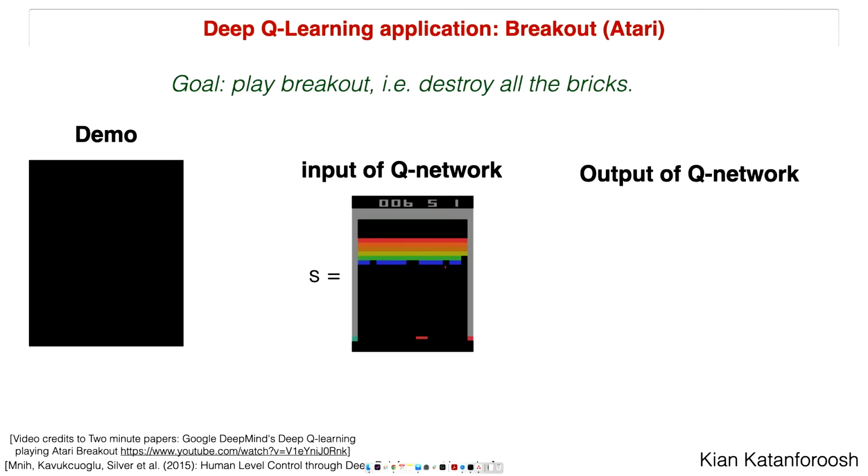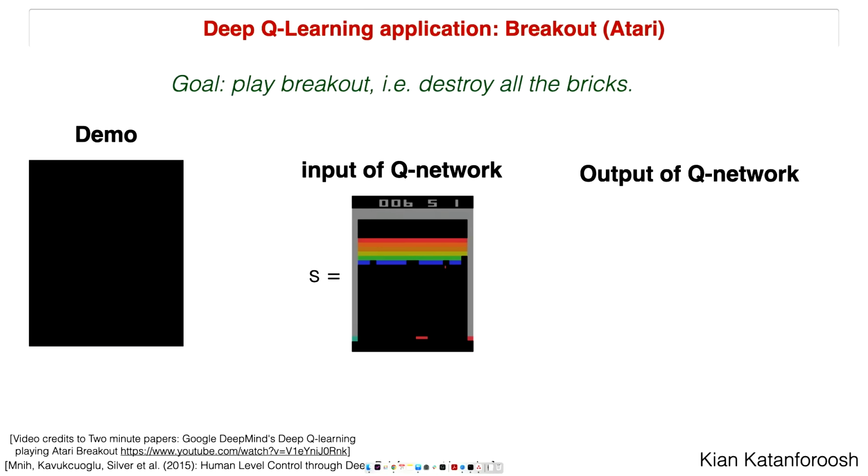What's the output of the Q network? For the input, do we have to use the full screen? Good question. We'll get there. The answer is no, but we'll see why. What's the output? The game score? No, but we're going to talk about the game score in the back.